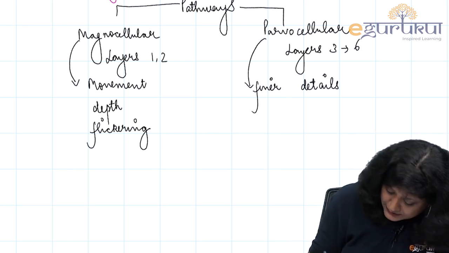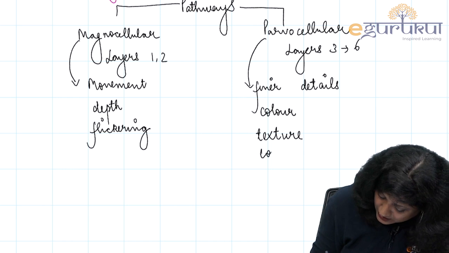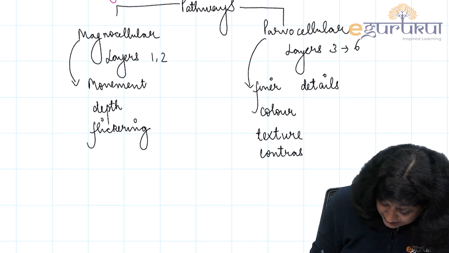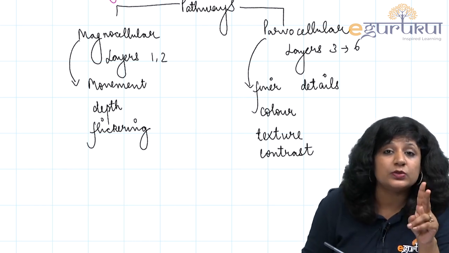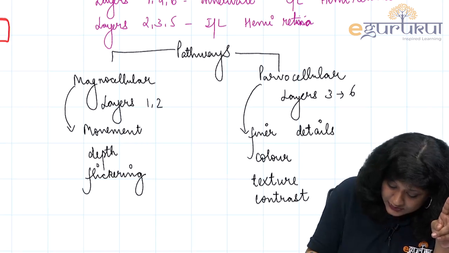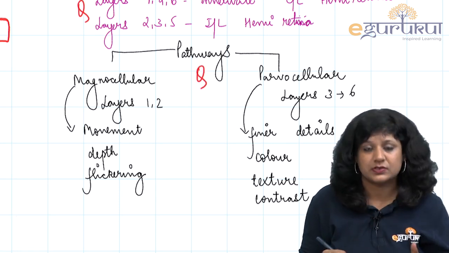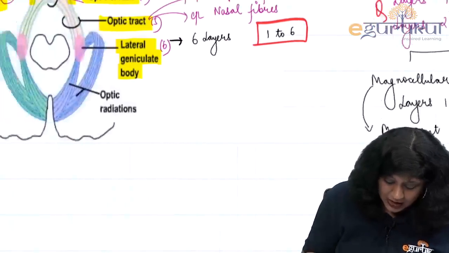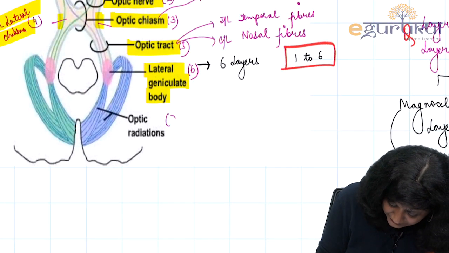For example, it can be the color, it can be the texture, contrast and the other thing. Alright, so these 2 things are very important about the lateral geniculate body, and most of the times there are questions related to this.